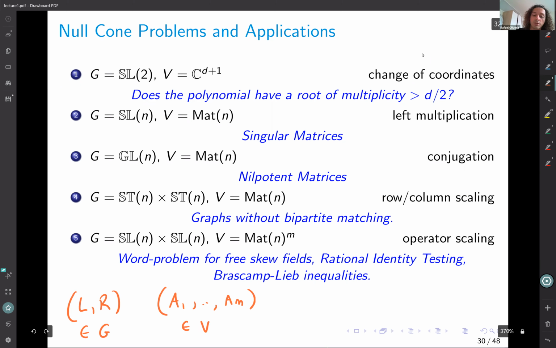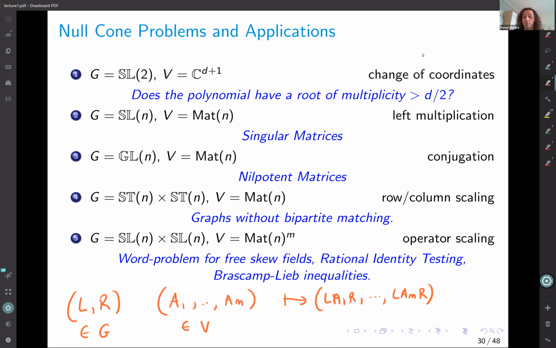And now the action is that you multiply all these matrices A1 up to AM simultaneously on the left and on the right. So we're going to have L A1 R up to L AM R. Okay, this is called the operator scaling action, which you can think of as simultaneous left-right multiplication. This group action captures the word problem for free skew fields in non-commutative algebra.